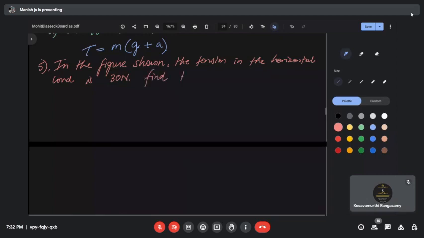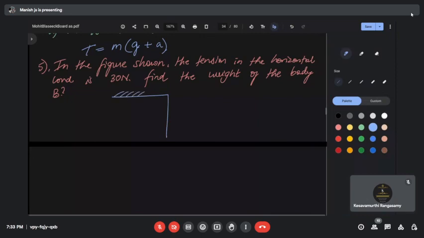Find the weight of the body B. You need to find the weight of the body B. I'll give you options. Before that, I'll give you the figure also.